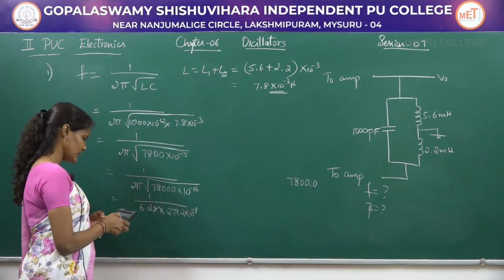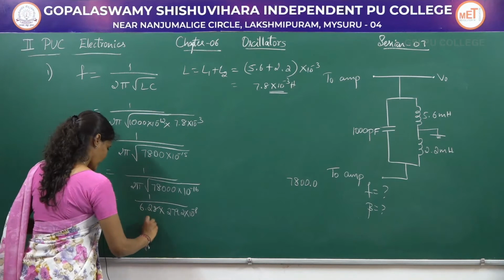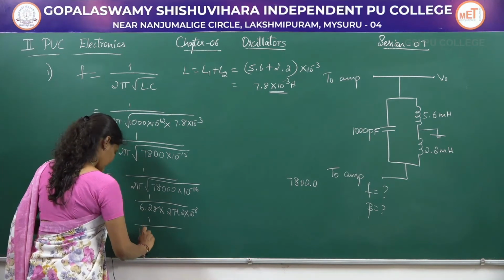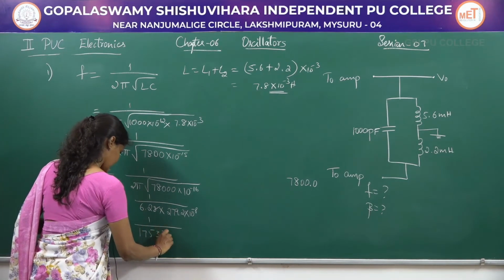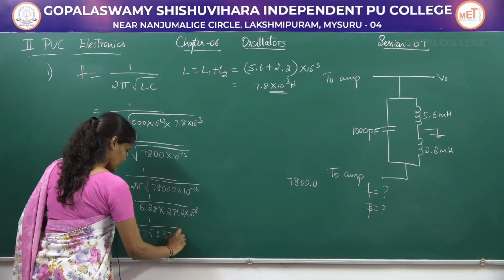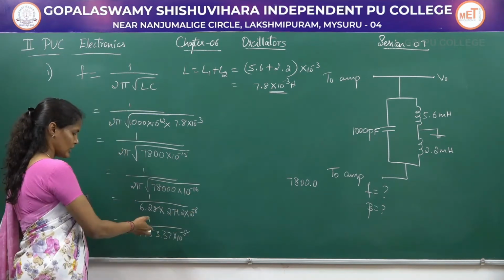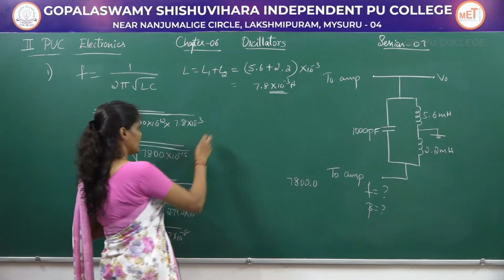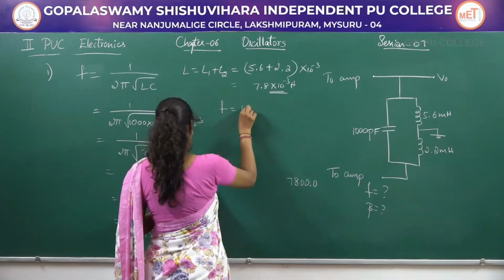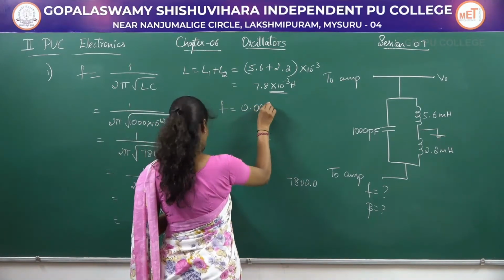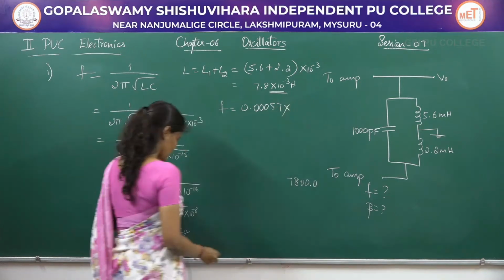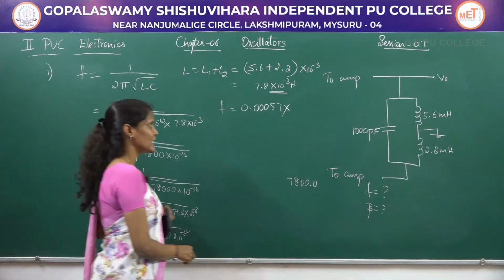So let's multiply this. It is equal to 1 divided by 1753.37 into 10 to the power of minus 8. So let us divide this. I will get the frequency as 0.00057 into 10 to the power of minus 8 in the denominator.